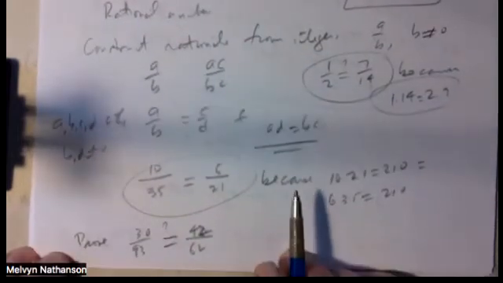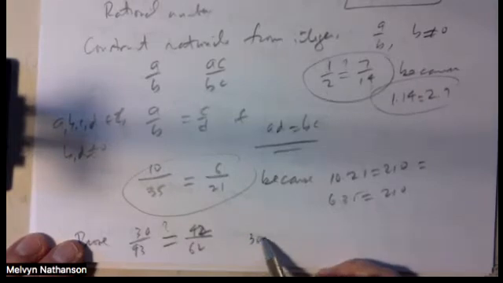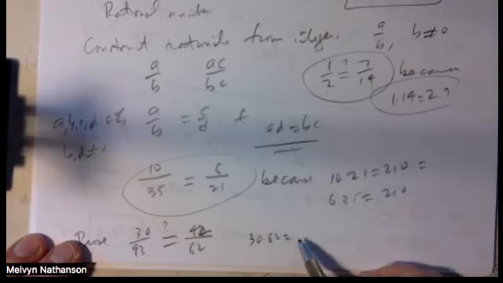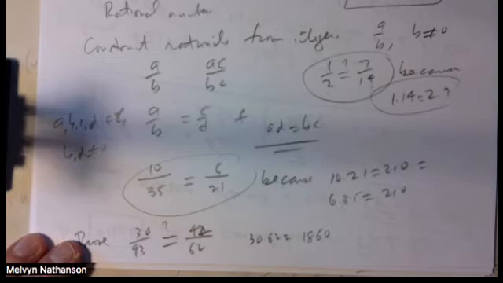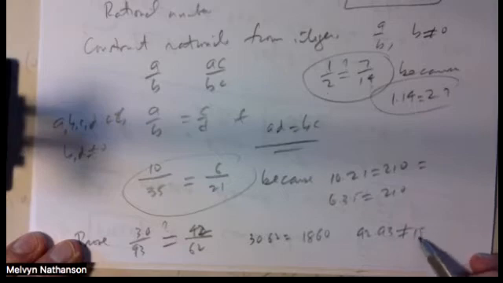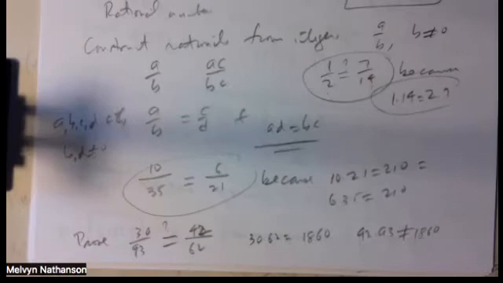Well, you know they're different because if you multiply 30 times 62, you get 1,860. And if you multiply 42 times 93, well, whatever it is, you don't get 1,860. So that's how you know that these two are different. Right?